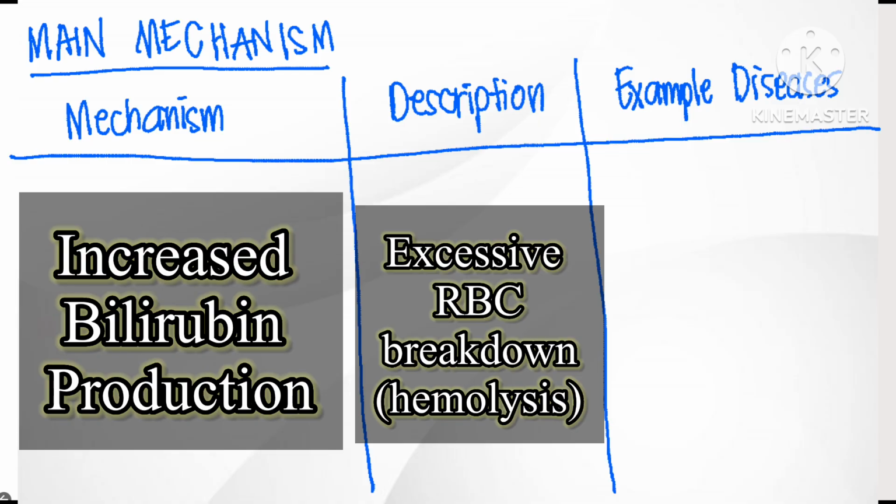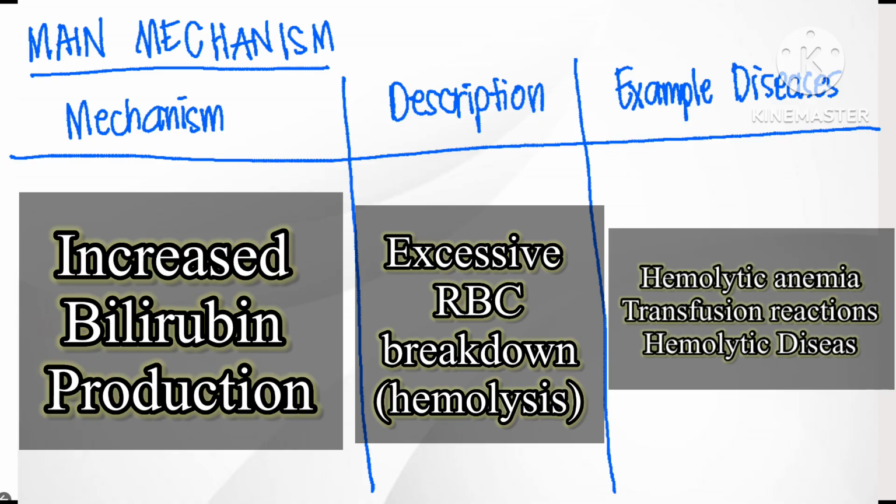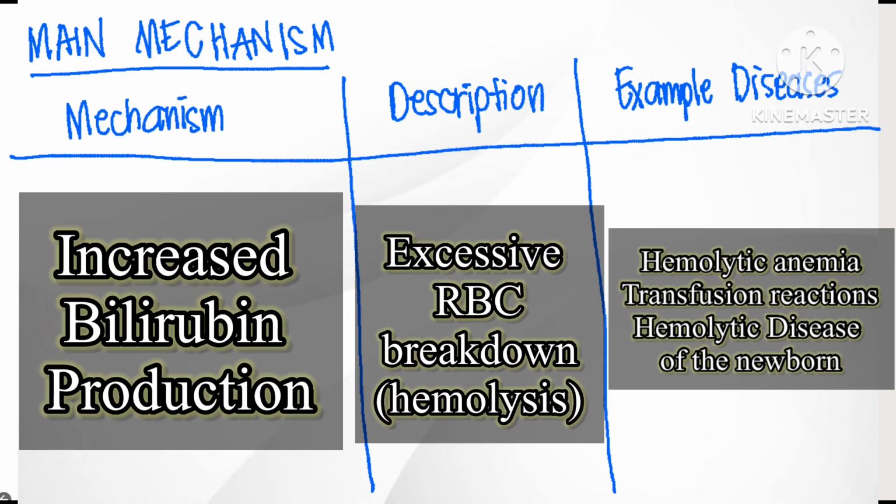Can you help name the example diseases for this mechanism? That would be hemolytic anemias, either autoimmune, due to hereditary spherocytosis, sickle cell anemia, or thalassemia. It could also be due to transfusion reactions or hemolytic disease of the newborn.